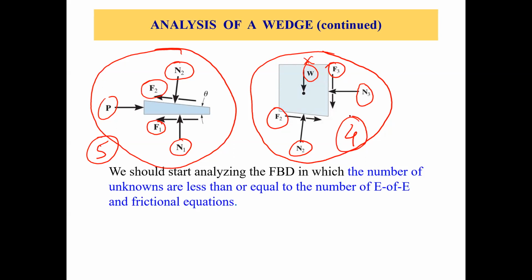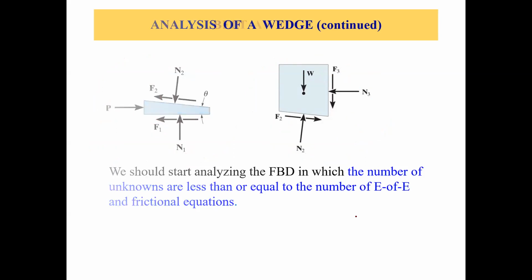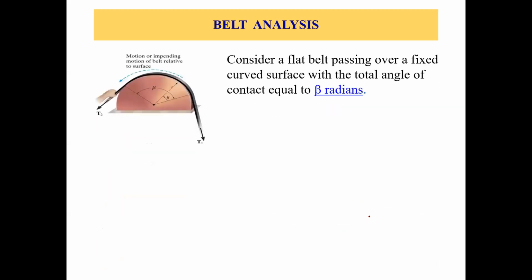That's why we should start the analysis from the free body diagram of this block. All right, so that was the analysis of the wedge system. Now we'll quickly have a look at the analysis of the belt.